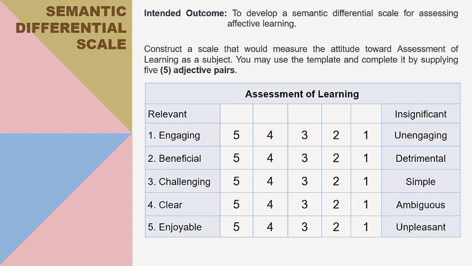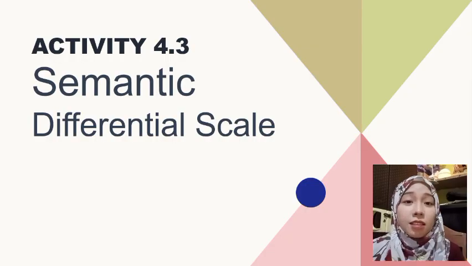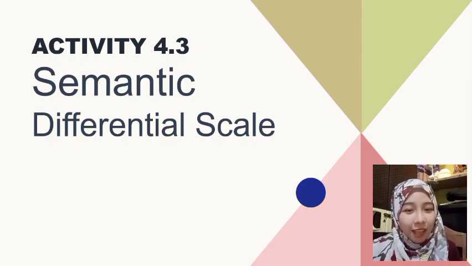If you understand that it's clear, then encircle 5. And then, is the topic challenging? If it's not that challenging, it's easier, basic, just simply encircle 1, nearest to simple. So that is semantic differential scales.